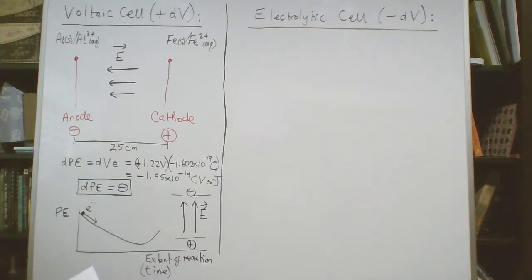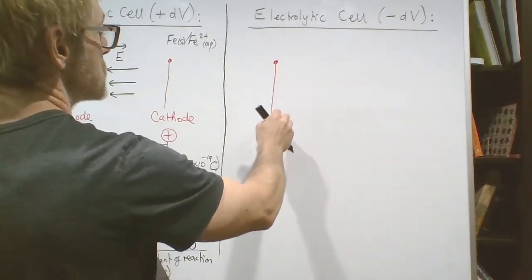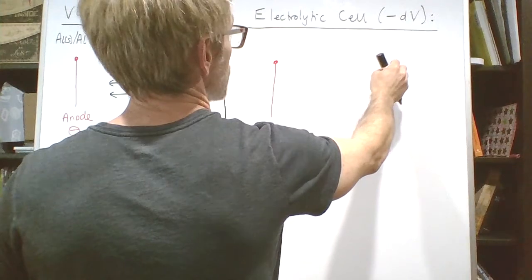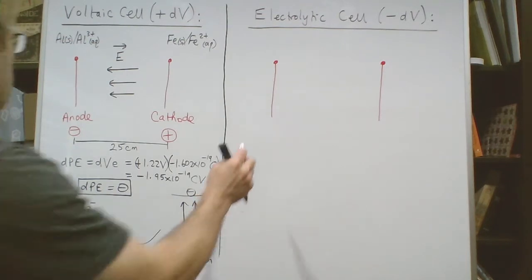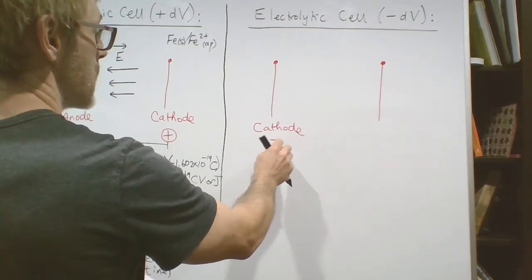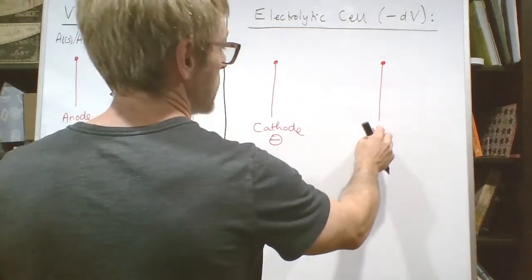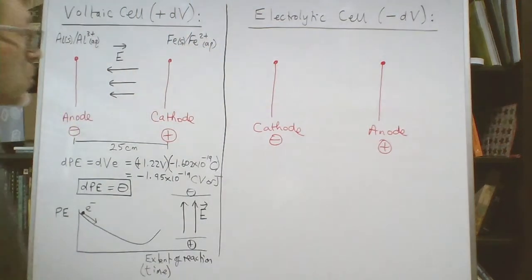If we now contrast this immediately with an electrolytic cell, we can do something similar. So I'm going to draw a similar diagram, essentially the same diagram used in a previous video in this series, where we have two electrodes, the cathode, which here is now the negative electrode, and the anode, which is the positive electrode.